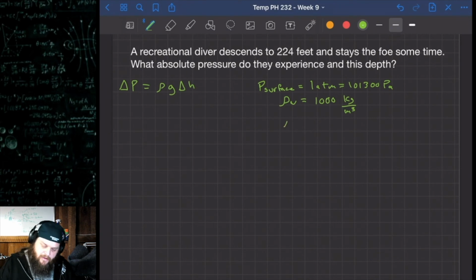And delta H is 224 feet, so we want to convert that to meters by multiplying by 0.3048 meters per foot.